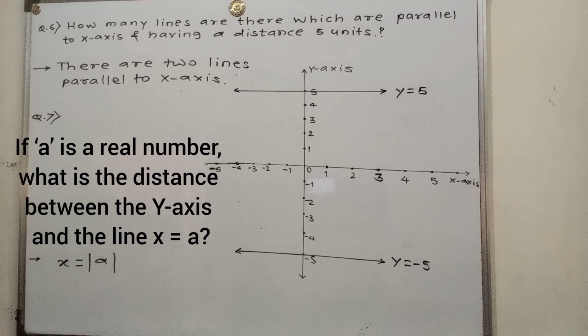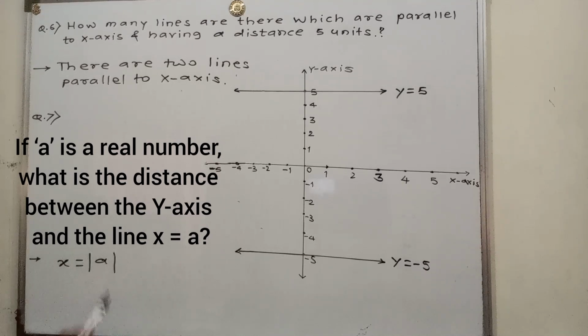Suppose this is -1 inside vertical lines, then that becomes +1. Did you get it?